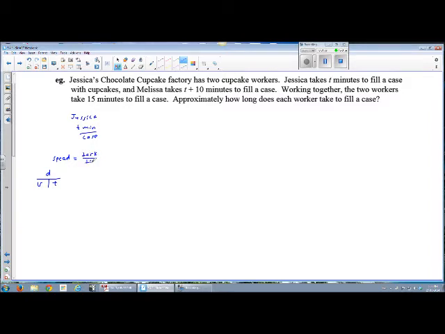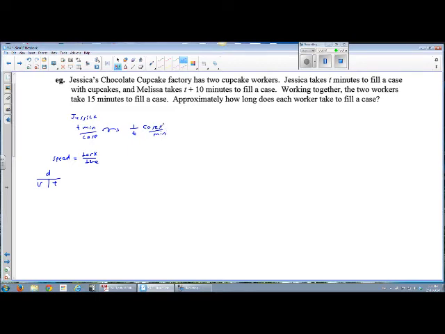But what we're given is the time over the task. So we need to flip this around so we convert it into a speed. So we're going to change this to 1 over t cases per minute. Okay, so we're just taking the reciprocal of that.